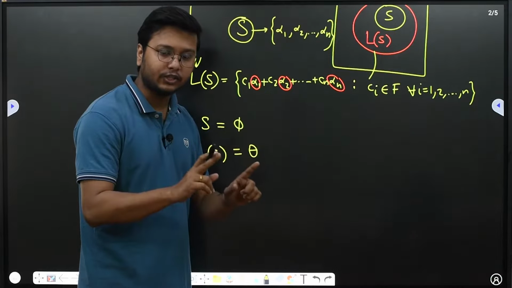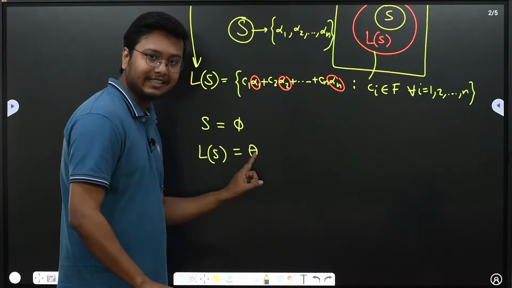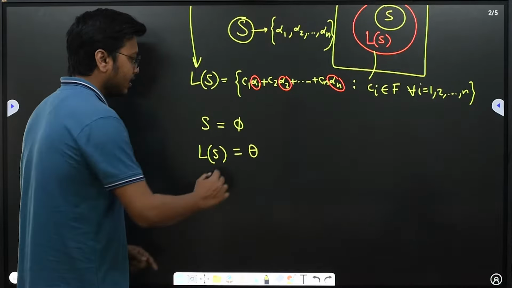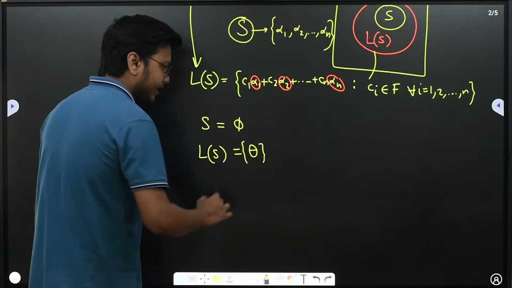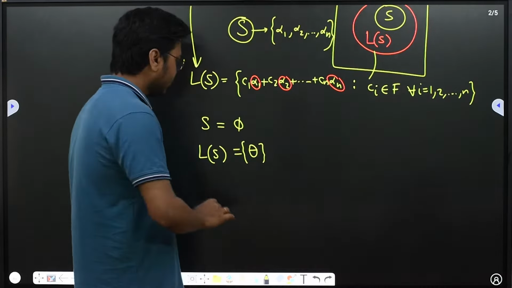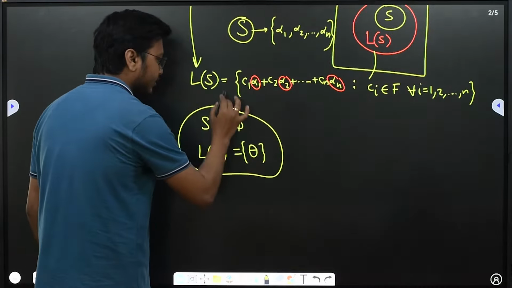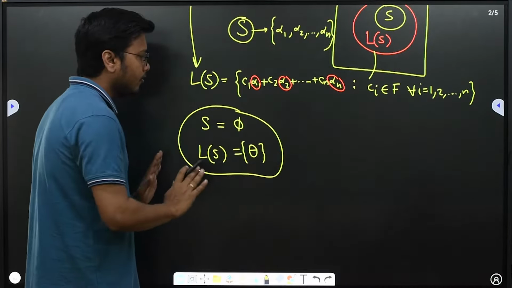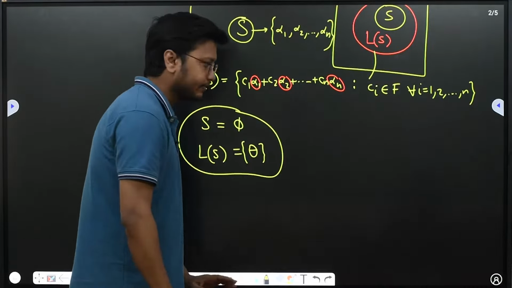So L of S would be the set containing only theta, provided my set S is completely empty. This is a definition in linear span, and we consider this whenever we are constructing L of S.